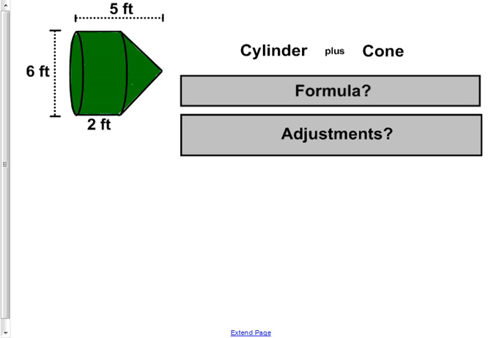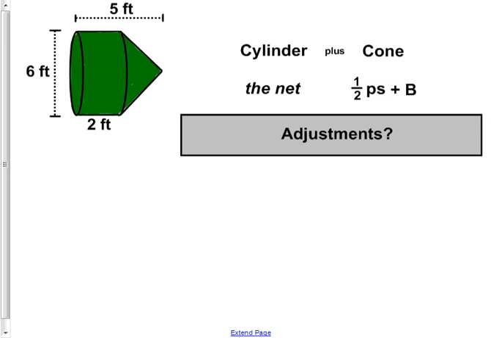Of course, the formulas have changed because we're looking at surface area instead of volume. The formula for the surface area of a cylinder, well, a cylinder is just a special kind of a prism, so that will be to unfold the figure and look at the net. And the cone is a special type of a pyramid, and the formula for that is 1/2 PS plus big B.